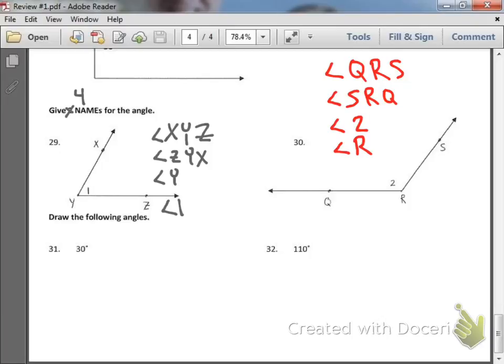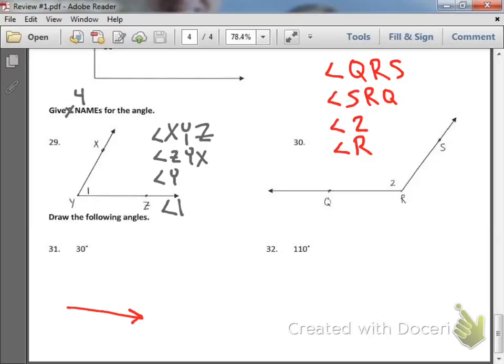Alright, and then the last 2 are a little trickier. These are with a protractor. You have to draw the angles. So remember, when you're using a protractor, you need one of these. Anybody need a protractor? Come grab one. Alright, the first thing you want to do is draw a ray to get yourself started. So here's a ray.